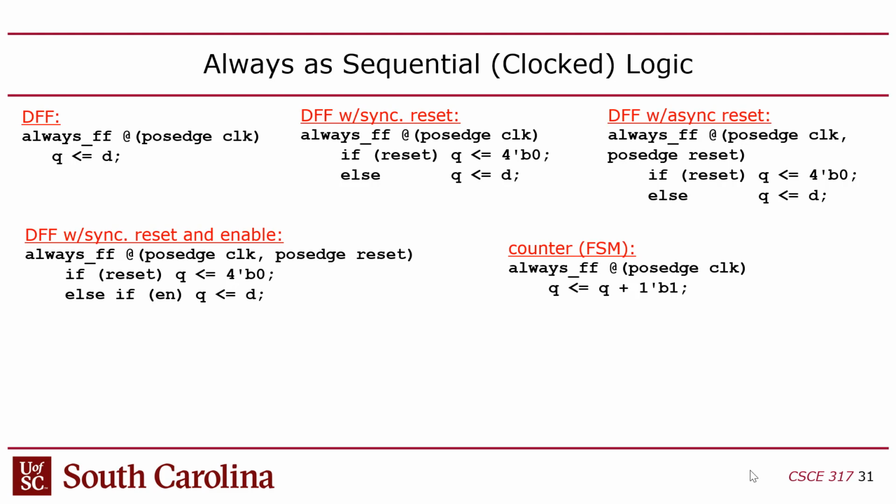It allows you to use if statements and stuff. I try not to use always statements for combinational logic. The only exception to that is the control unit in 611. You remember that? The big, huge if-then-else statement to control your CPU. I wouldn't want to do that with an assign.